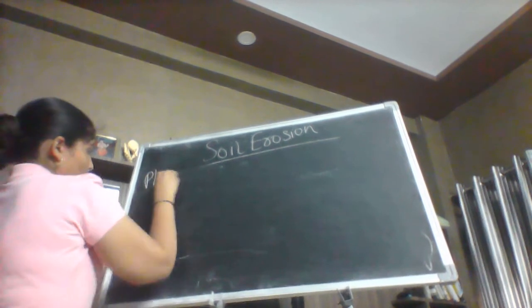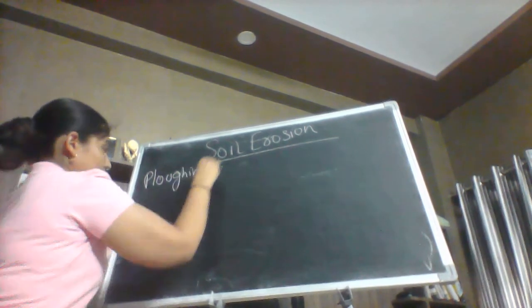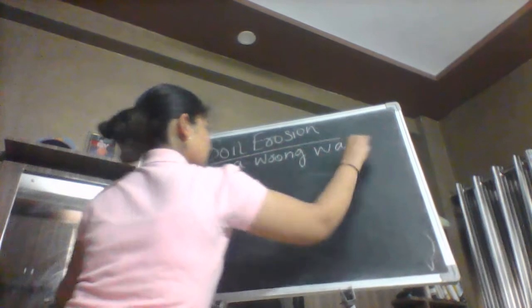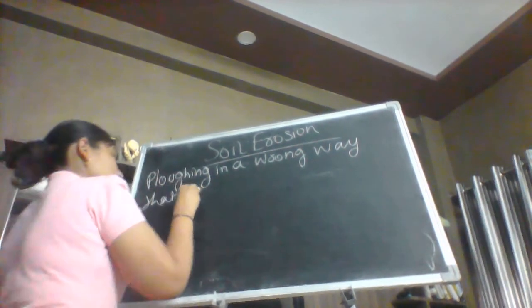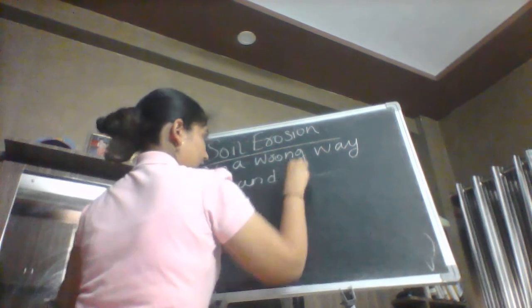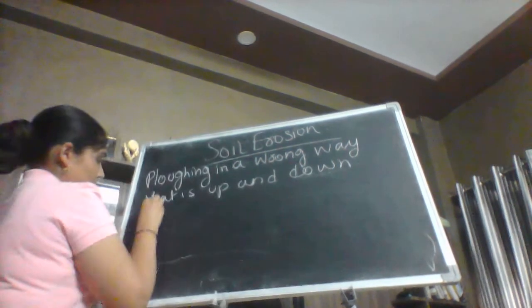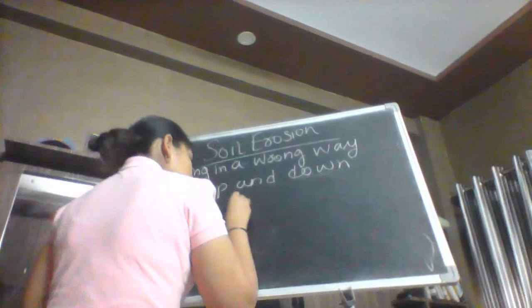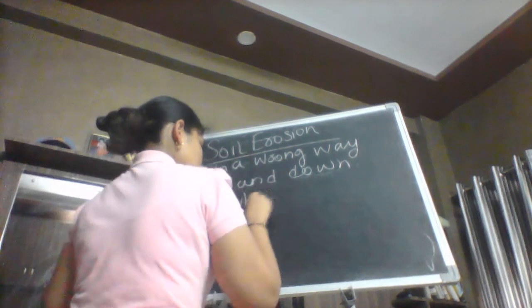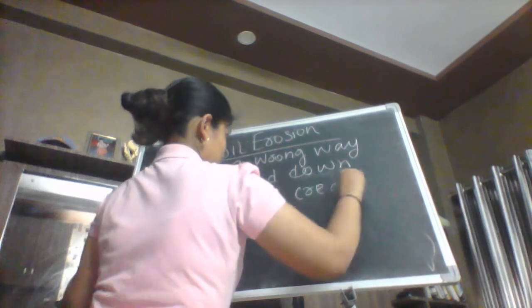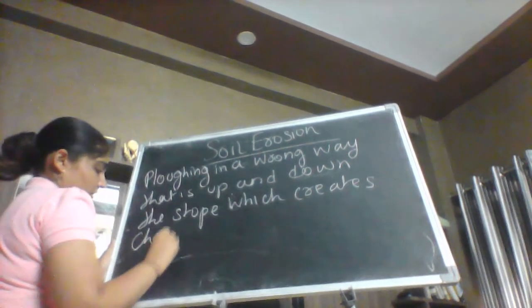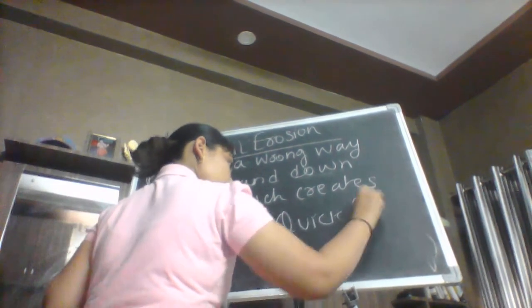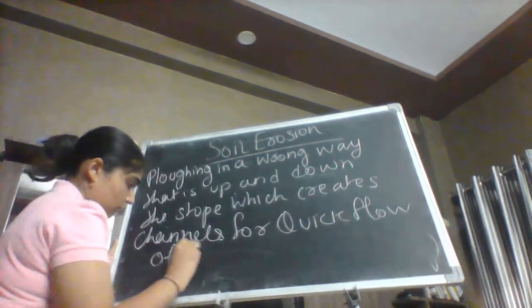When we plow in a wrong way, that is up and down the slope, which creates channels for quick flow of water.